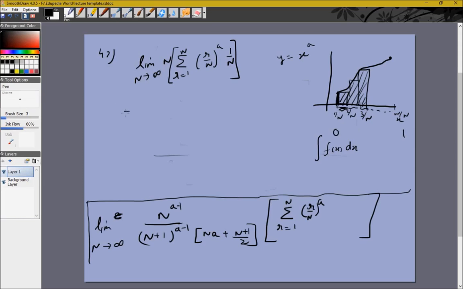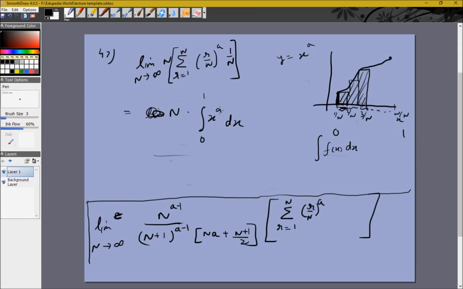Right. So this can be written as n times this thing. Right. And this thing is basically integral of 0 to 1 x to the power a dx, right? So now this is what we put here. So instead of this, now what is the value of this?